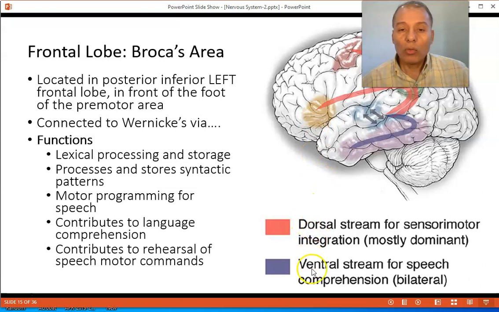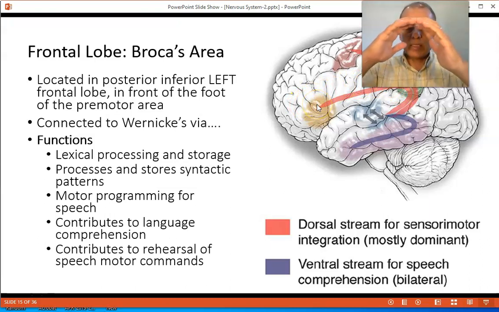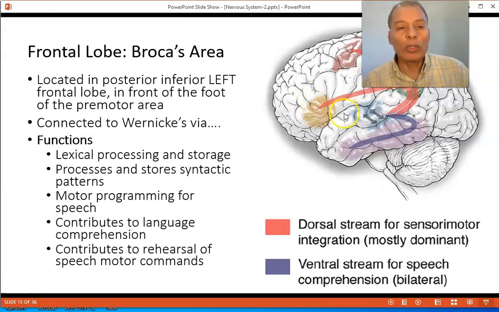These are called the dorsal and ventral language streams. But I want you to know that Wernicke's area, which I will discuss in more detail, is connected with Broca's area via the arcuate fasciculus. That's an important landmark, an important pathway.